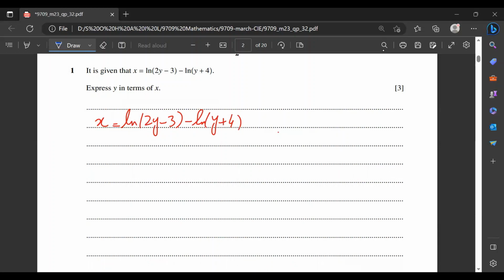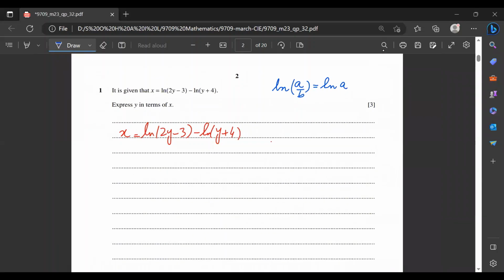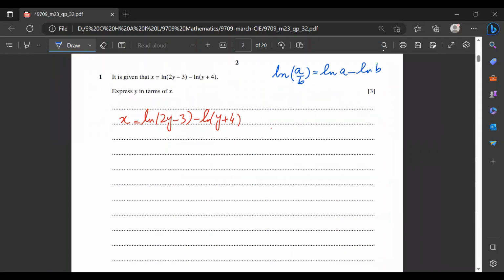If it is log of a over b, we write log of a minus log of b. Keep in mind that log of a is actually log a to the base e. If the base is e, then it is called the natural log, or ln of a.